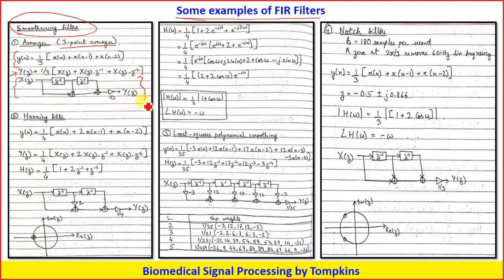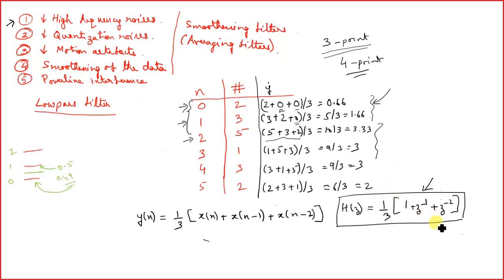Okay, so this is the realization of a 3-point averaging system, and what kind of filter is it? We do not have any denominator terms. That means it is an FIR filter. Okay.